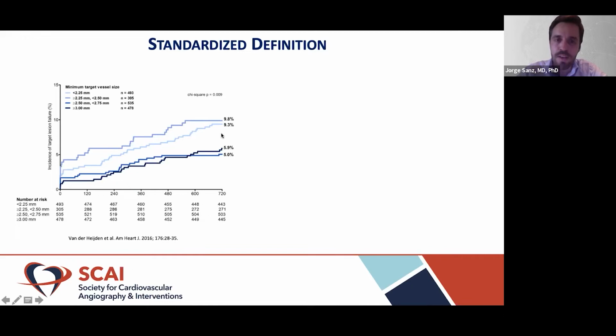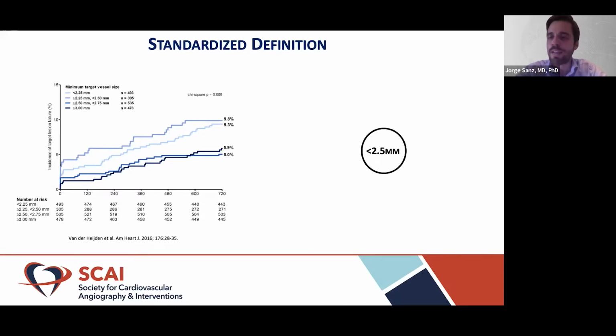As we can see here, those patients with a vessel reference diameter less than 2.5 were associated with an increased risk of target lesion failure at 2 years as compared to those patients with a vessel size less than 2.75. In addition, there were no differences between those with a vessel size less than 2.5 or less than 2.25. Neither was there a difference between patients with a vessel size less than 2.75 or less than 3.